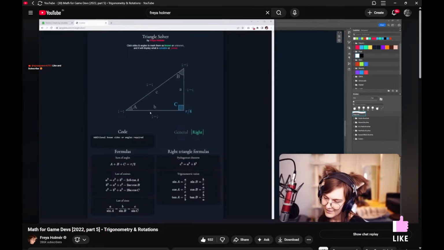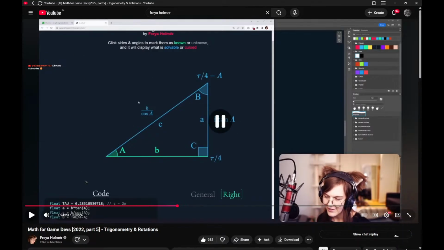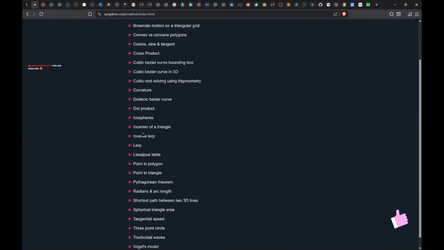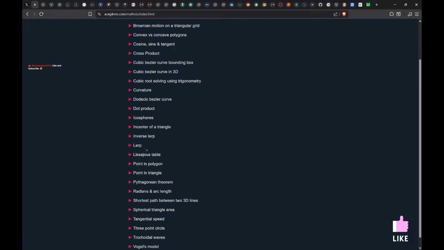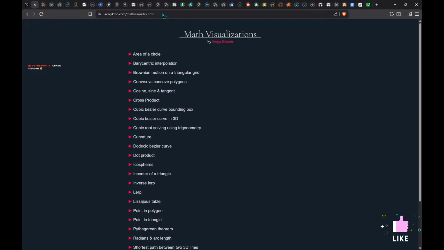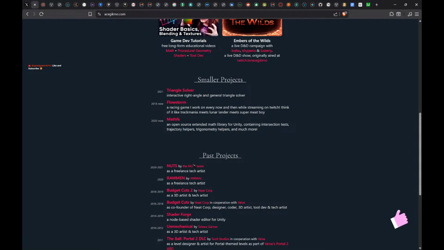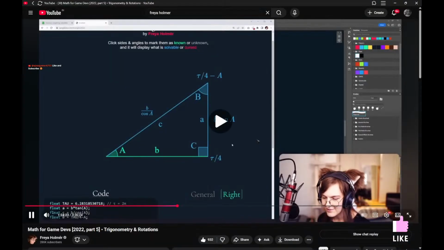If you click these, you can see how to calculate the rest of the information of this triangle.